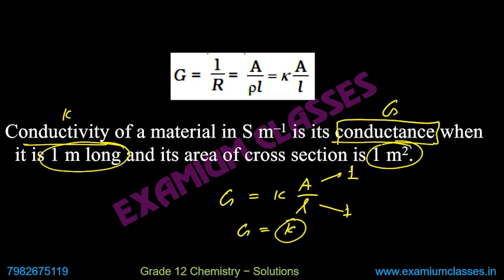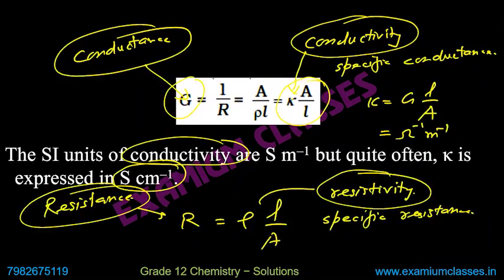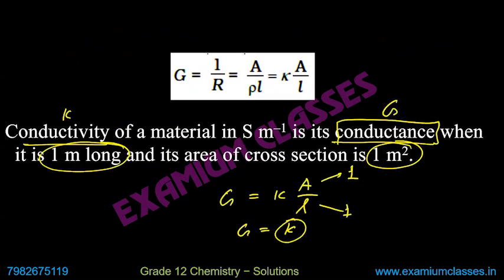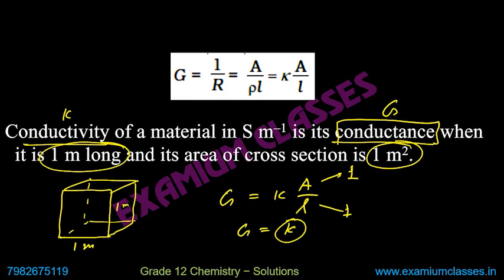It means when I talked about the resistance definition and conductance definition, if we have this arrangement of 1 meter length and 1 meter square area, in this case R will be equal to rho and G will be equal to kappa.